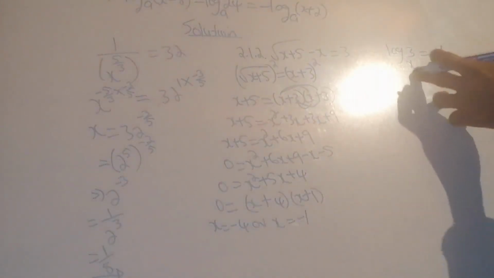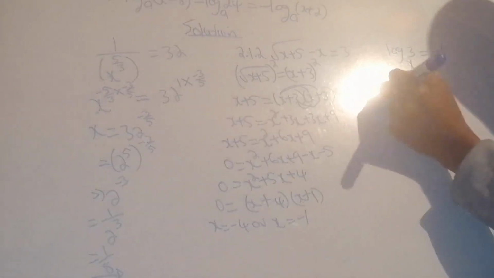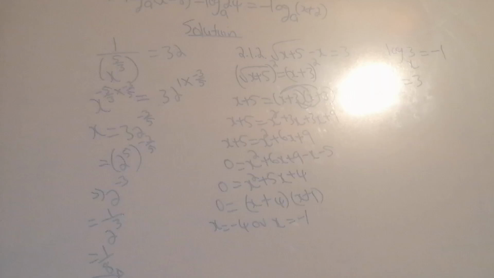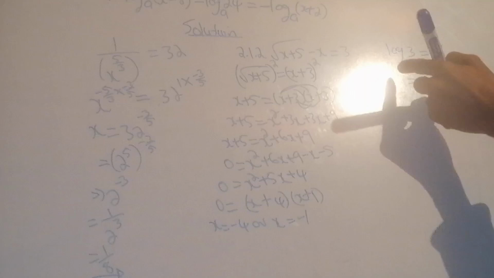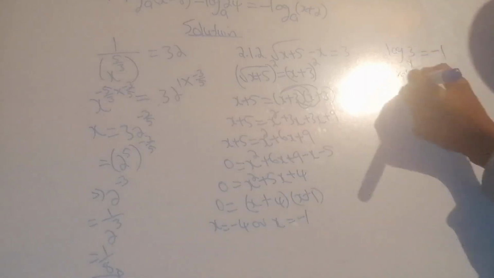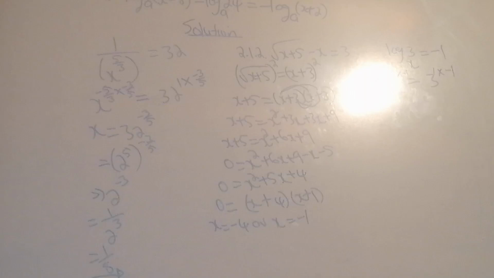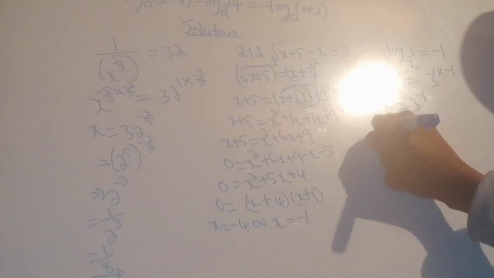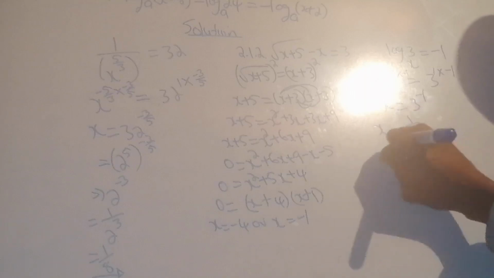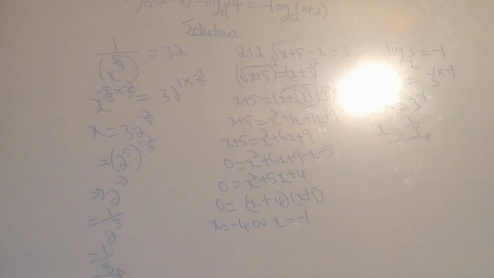You will just say x to the exponent minus 1 equals 3. We want to get rid of that negative, so you will raise to the power of negative 1. Your x will be 3 to the power minus 1, which is 1 over 3, because the exponent becomes positive. And then you are done with that.